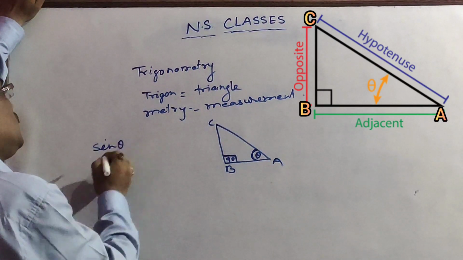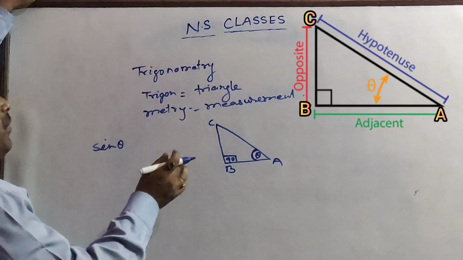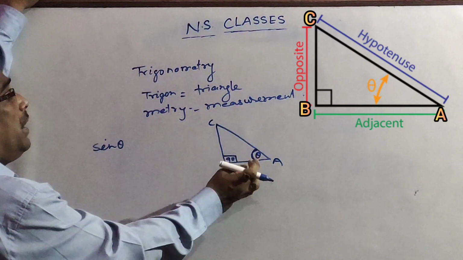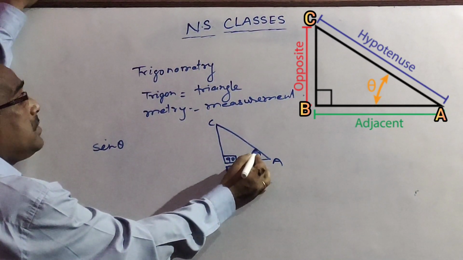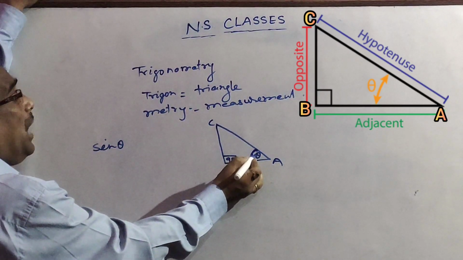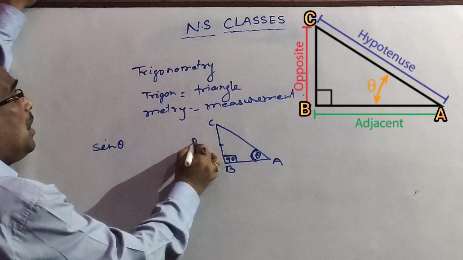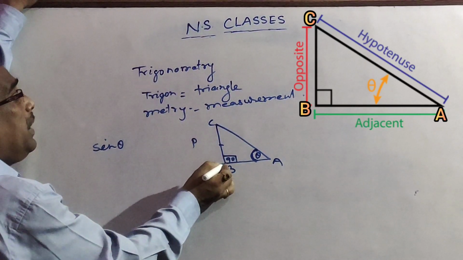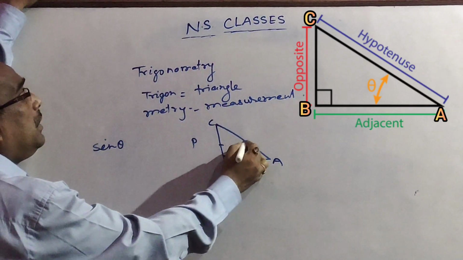Sine theta, what does it mean? For your better understanding, the side opposite to the acute angle theta is the perpendicular. It means BC is the perpendicular and the side opposite to 90 degrees is the hypotenuse.